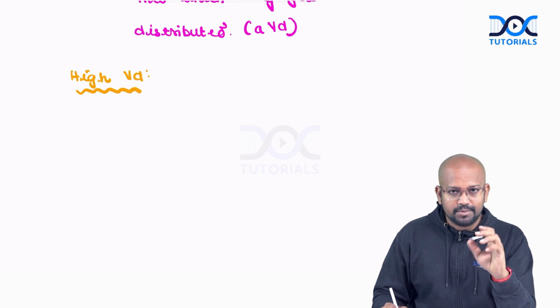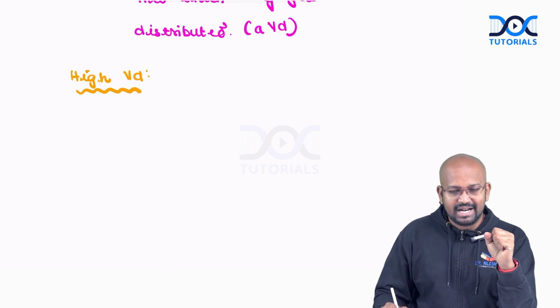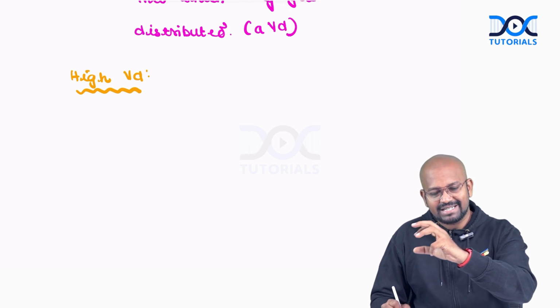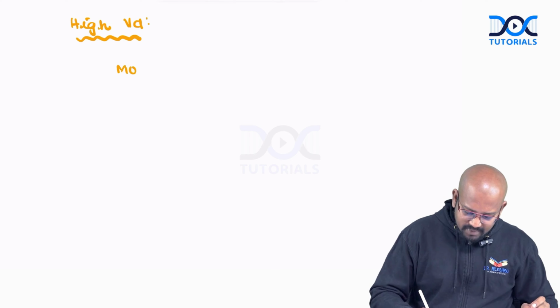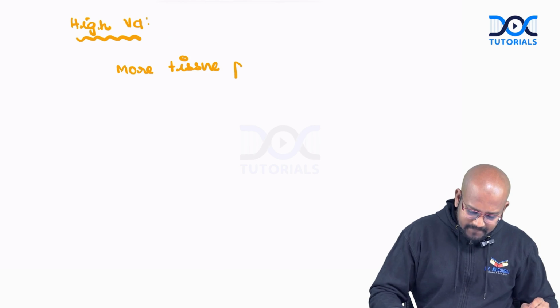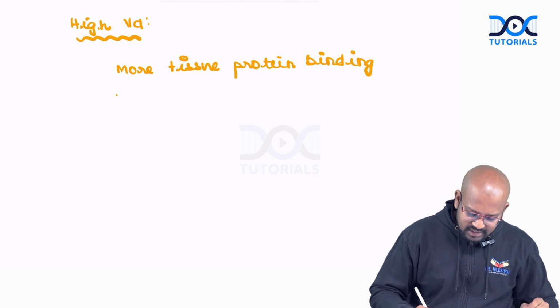High volume of distribution means more of the drug is getting distributed, more of the drug is there inside the tissues, which means these drugs will have more tissue protein binding, whereas less plasma protein binding.